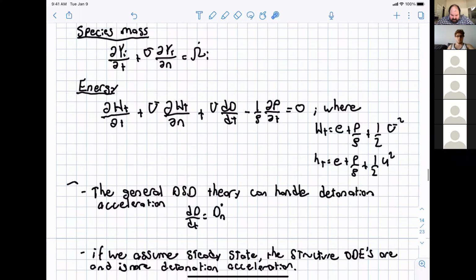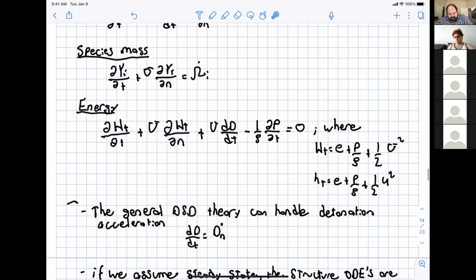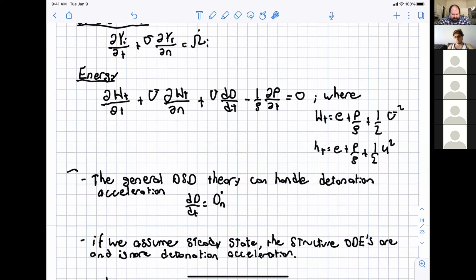Note that in general we have these acceleration terms, which are dD/dt, and the general detonation shock dynamics theory can actually handle the acceleration of the detonation because those terms are present in the structure equations. But I'm not going to go through that portion of the theory. That gets a little bit intense. Just note that it can handle that.